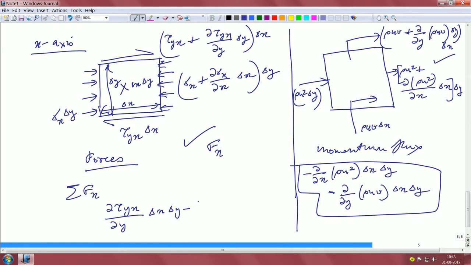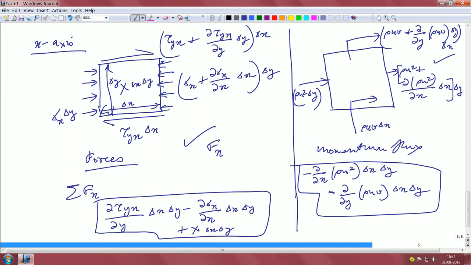So, the sigma x terms times delta x into delta y, plus the shear terms times delta x into delta y. These are the force terms that you are going to get. So, you have this Fx and then you have the momentum flux term on the two sides.